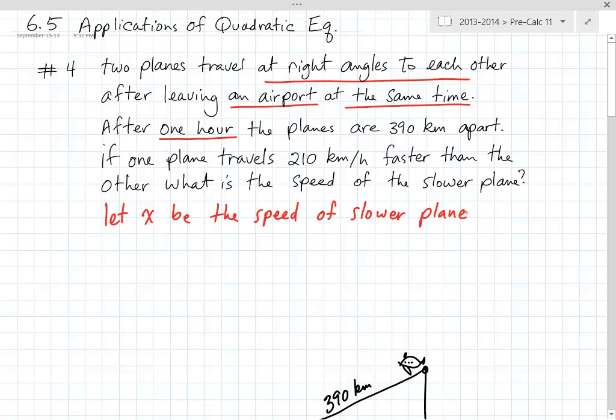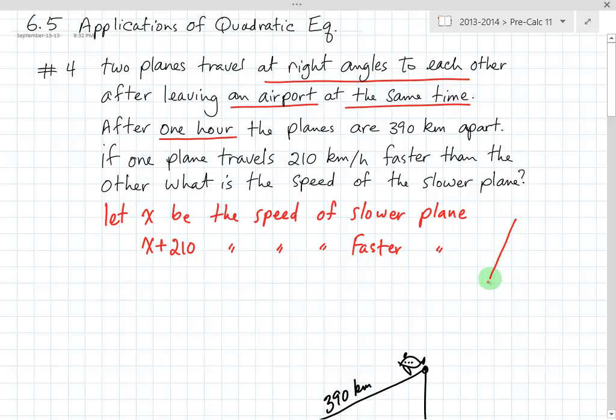That's what I want to find, and I can add something to it to make it the faster one, right? If x is the speed of the slower plane, what is the speed of the faster plane? x plus 210 is the speed of the faster plane.